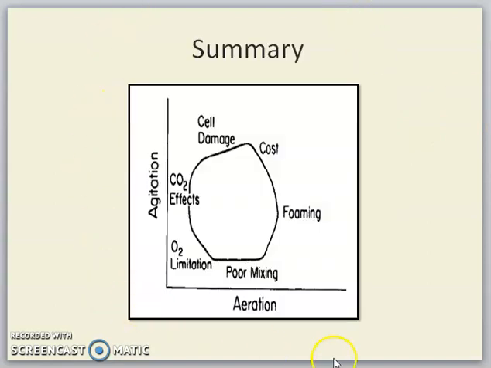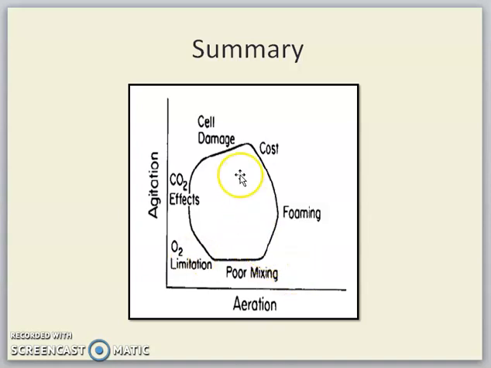In summary, the agitation and aeration is very important in the fermentation, and it does affect the mass transfer, the mixing, and the production of your fermentation.